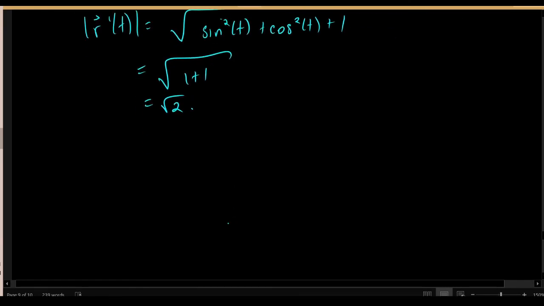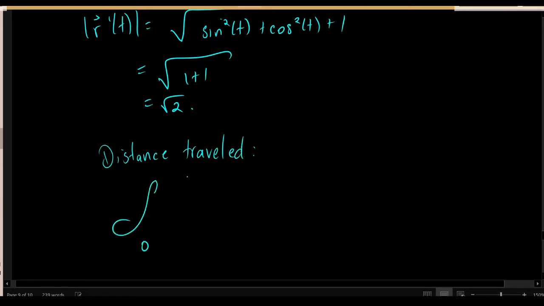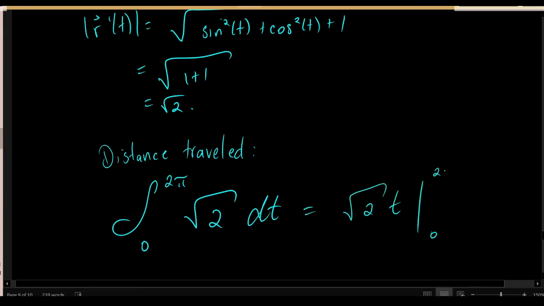As a result, the distance traveled, not equal to the displacement, is equal to the integral from the initial time to the final time of the speed. The integral of a constant is that constant times the variable.